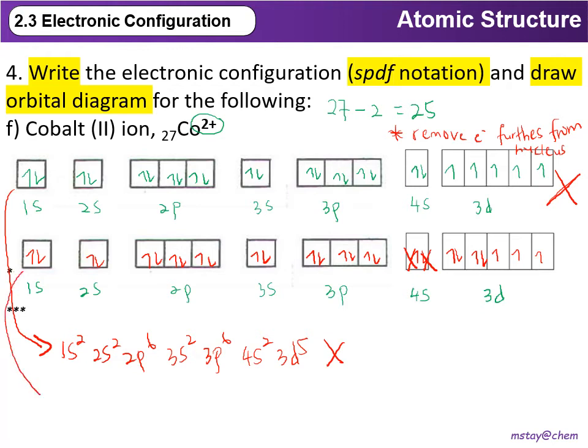This one, 1s2, 2s2, 2p6, 3s2, 3p6, followed by 3d7, is the correct electronic configuration for the cobalt 2+ ion.